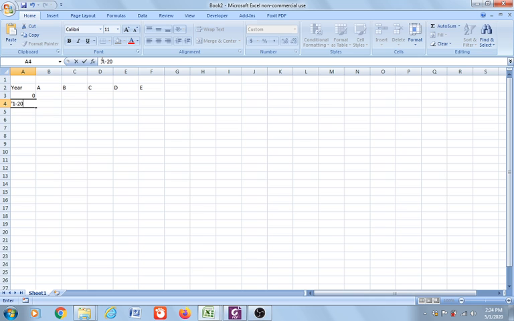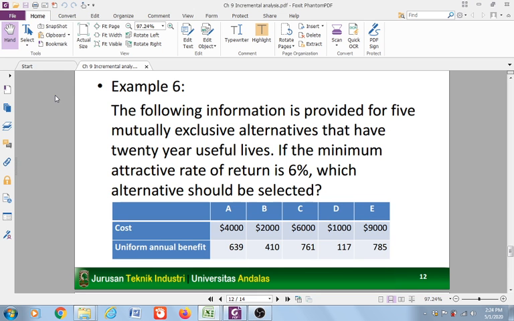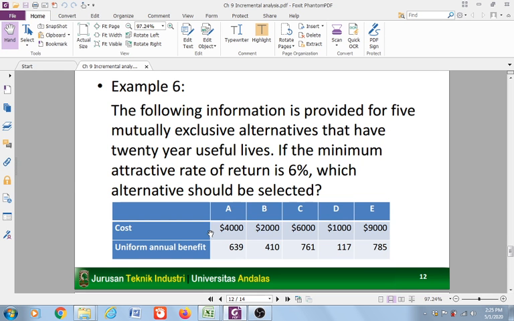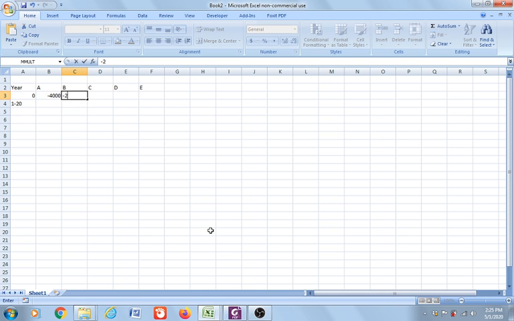A, the cost is 4,000, so that means minus 4,000 because it is a cost. B, minus 2,000, it is a minus because it is a cost. C, minus 6,000. D, minus 1,000, and E, minus 9,000.